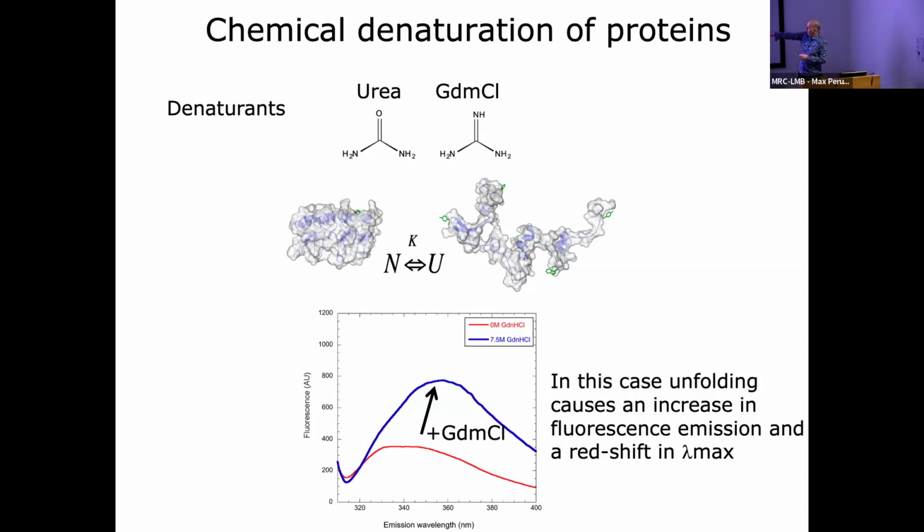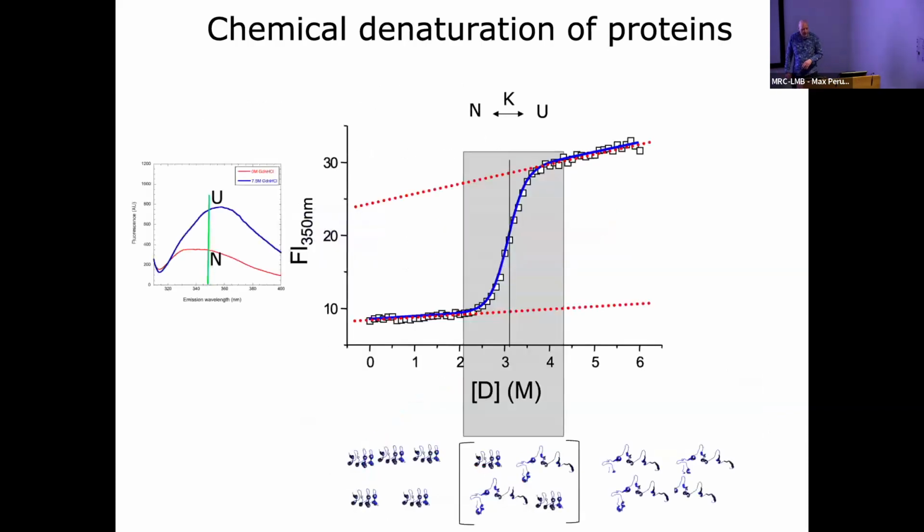At the bottom here, you can see from zero glutathione in red, you get a massive increase in both the light given off, and there's also a shift as well. So if we just took one wavelength, then we could follow the unfolding process with increasing amounts of denaturation.